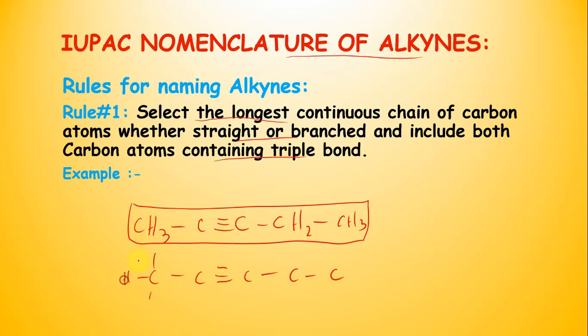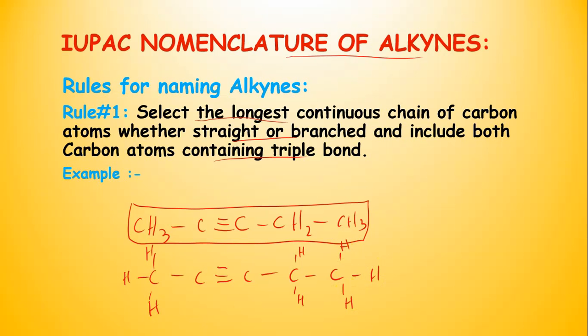So look here, I have placed CH3 here, and the carbon-carbon triple bond, then this CH2, and then this CH3. So this is an easy way to understand the complete structure of the organic compound, and if you write in this way you can understand the structure.